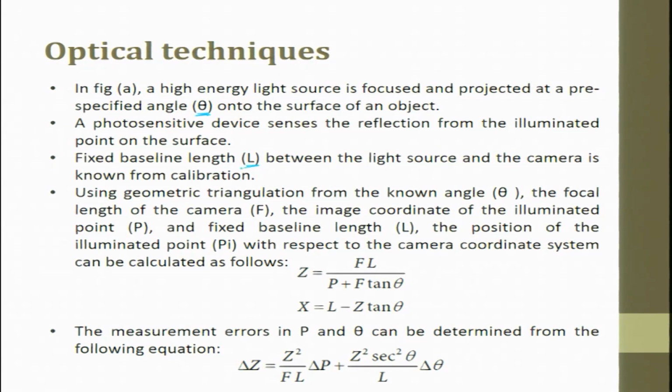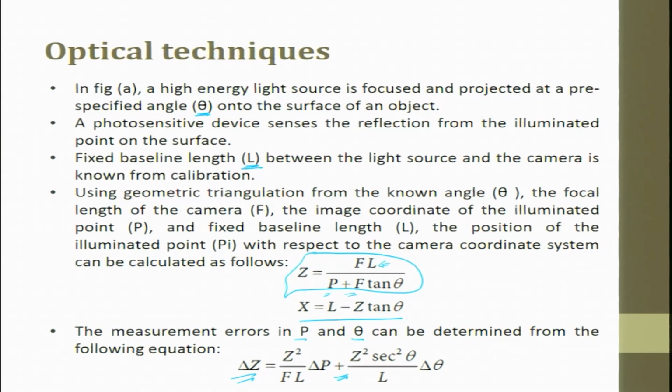The fixed base length is L. So, finally, you get the formula for Z, the geometric triangulation from the known angle theta, where the focal length of the camera is F, the image coordinate of the illuminated point is P, the fixed length is L, and the illumination point Pi with respect to the camera coordinate system is given, where x is defined as L minus Z by tan theta. The measurement error of P and theta can be determined by these formulas.